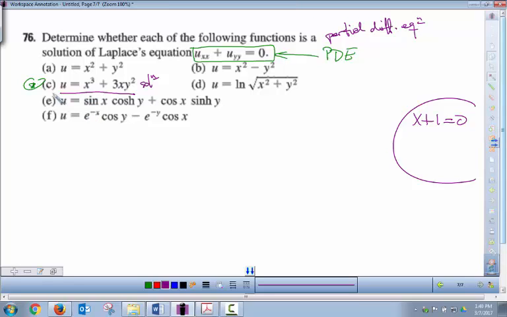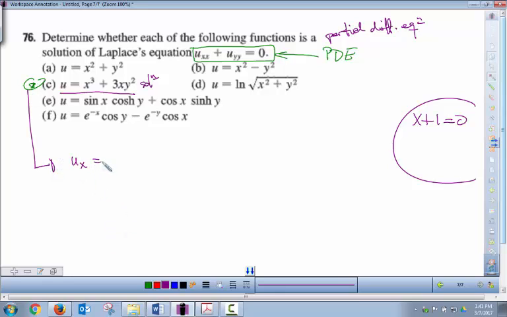So let's check if u equals x cubed plus 3xy squared is a solution for this partial differential equation. So what do we need? We need u sub xx and u sub yy, right? So let's find that for this problem.